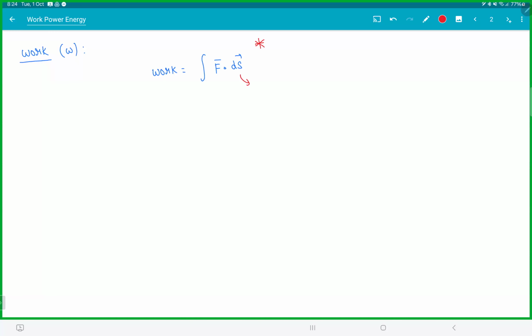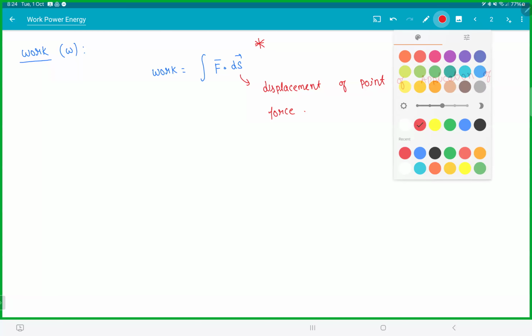What is ds bar? ds bar is the displacement of the point of application of force. It's not the displacement of the body. It is the displacement of the point of application of force.